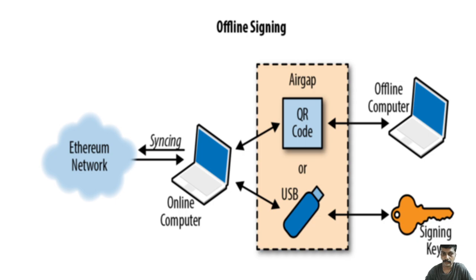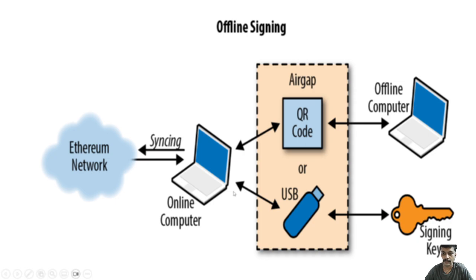And then there is the offline signing part, where you don't need to sign online. Of course, hacks are happening. Usually you do it through an online signing mechanism, but your signatures can get lost or can be robbed.